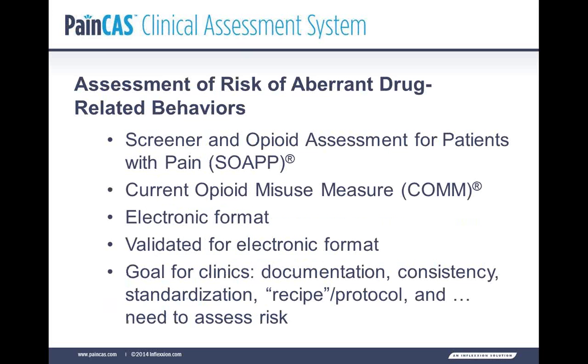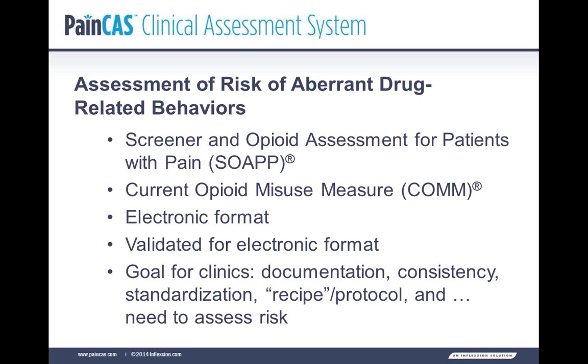Now, when we think about assessment of risk of aberrant drug-related behaviors, hopefully most, if not all of you, know that we at PainEDU serve as the home of the Screener and Opioid Assessment for Patients with Pain, the SOAP tool, and the Current Opioid Misuse Measure. And as I mentioned before, their value in a paper and pencil format in an electronic medical record system is limited.